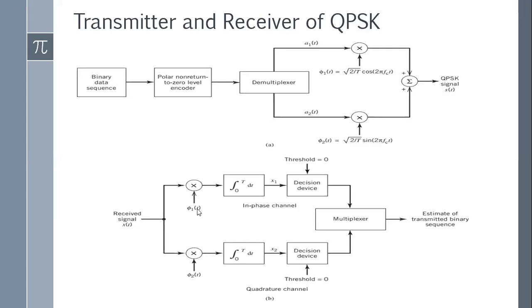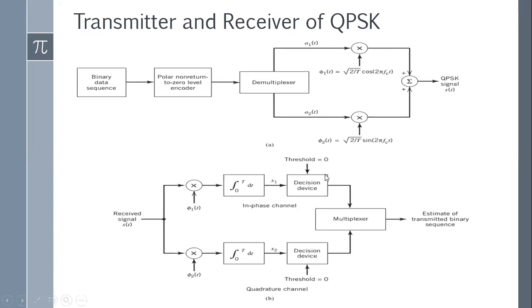So that's why we multiply both the signals with phi 1 and phi 2, and what we recover is x1 and x2. The component which we multiplied with cos(2πf_c t) is known as in-phase, and the component multiplied with sin(2πf_c t) is known as quadrature phase. Any signal multiplied with cos(2πf_c t) is in phase, and this will be quadrature phase.